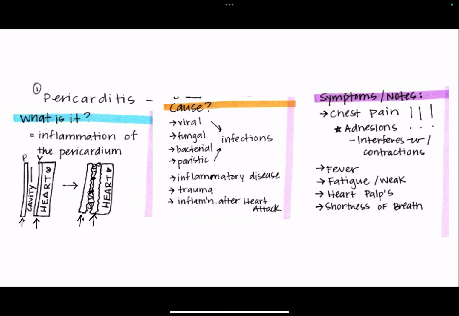So questions about pericarditis? I'll give you a second to write down the notes. There's just a little space for you to write it down.